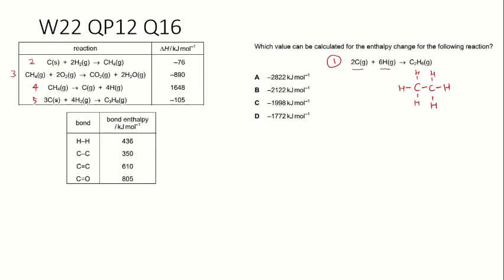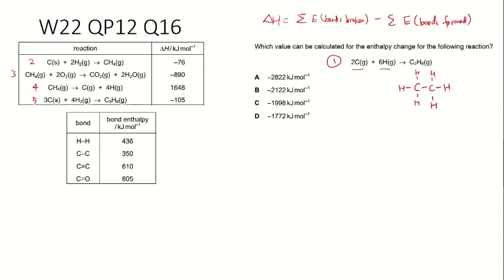Now to find the enthalpy change, for all reactions, what we need to do is find the sum of all the energy of bonds broken minus the energy of bonds formed.